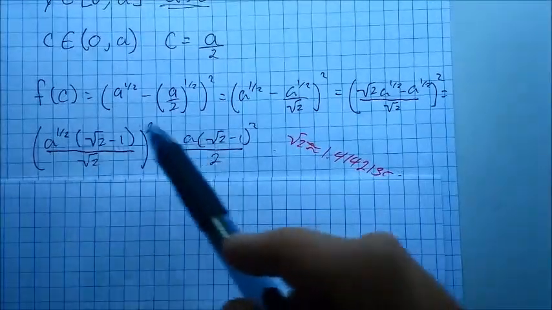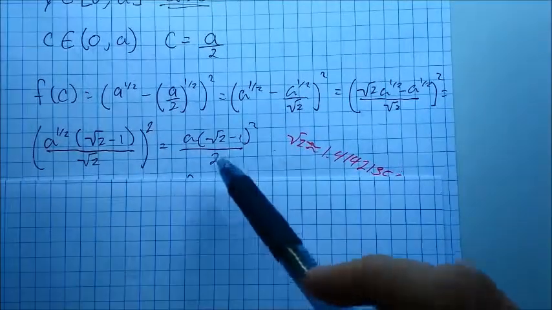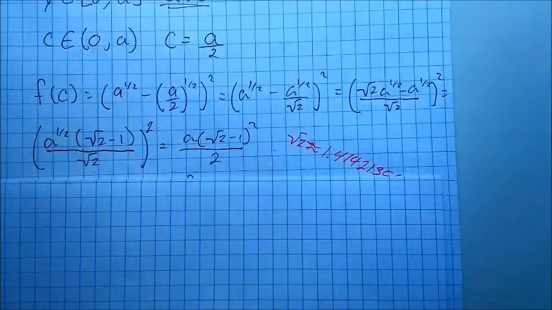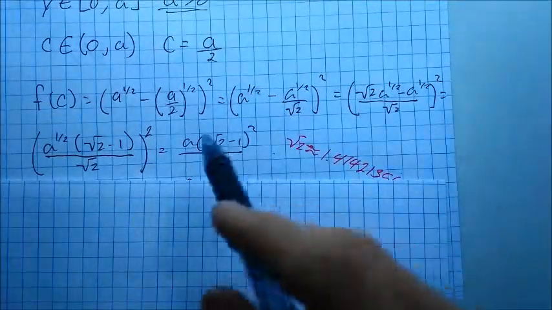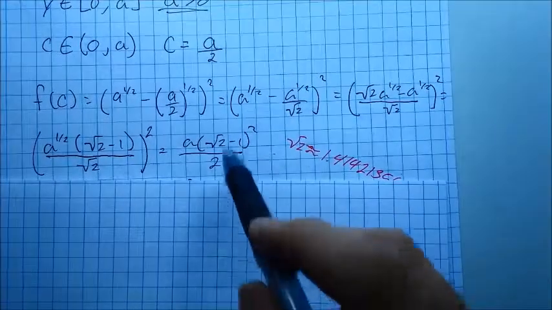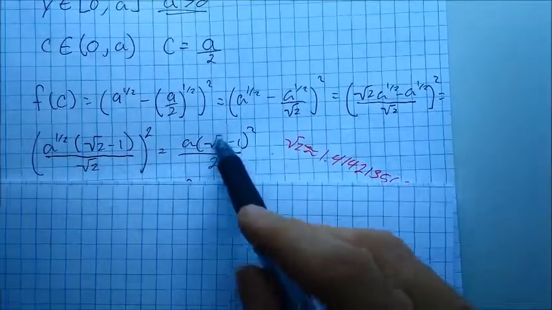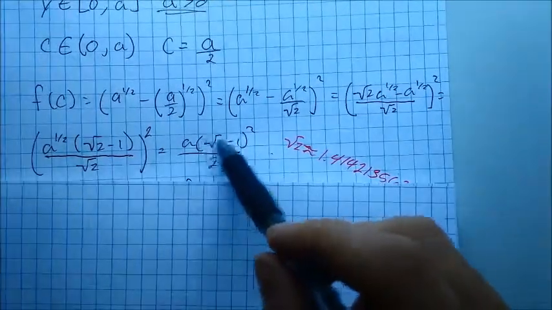So now we can go ahead and square this. Square root of a squared is a, this squared is this squared, and then square root of 2 squared is just 2. Last time we looked at how, because 2 is greater than 1, this would always be positive, but it would be positive regardless because it's being squared. This could very well be greater than 1, less than 1, pardon, to get a negative value in here.